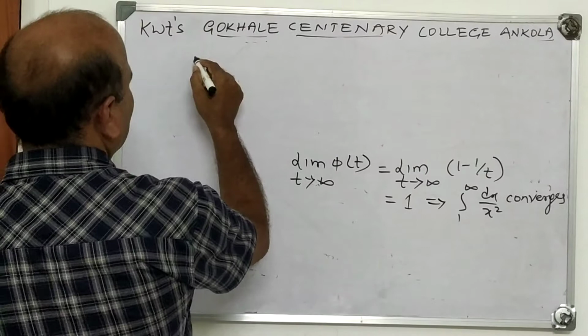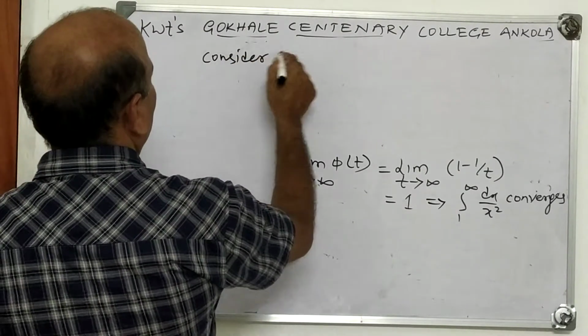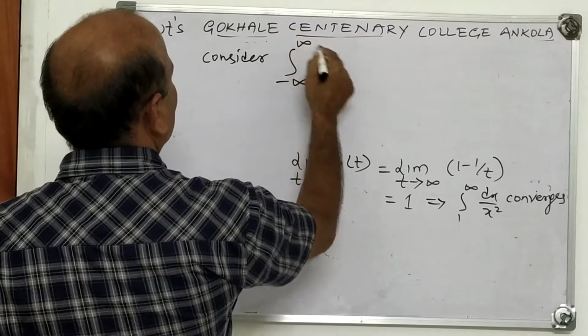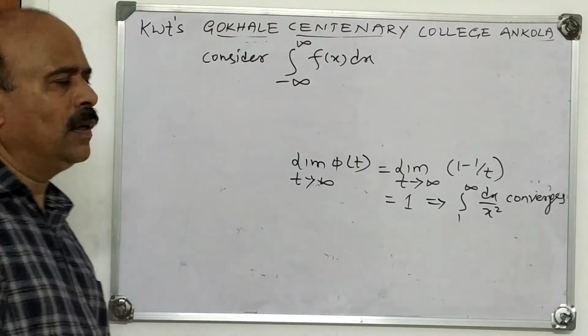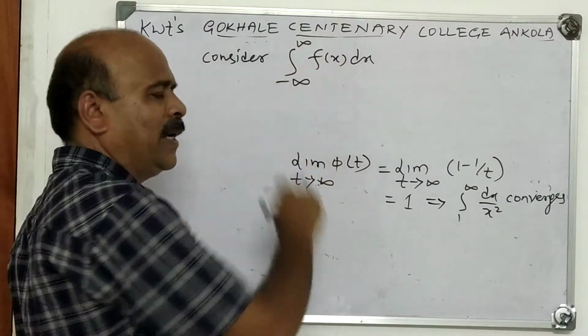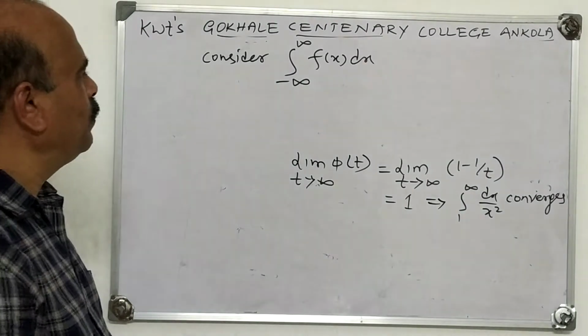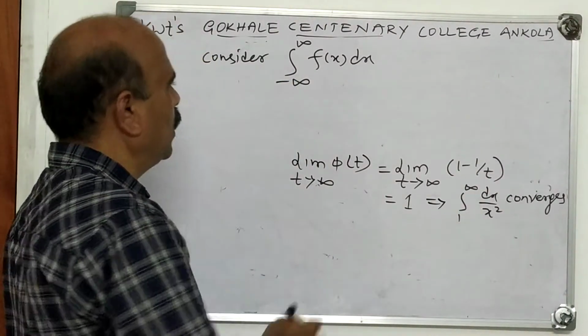Now next type is, consider the integral from minus infinity to infinity f of x dx. Next type, we have taken converging at infinity, minus infinity, but now minus infinity to infinity f(x) dx.